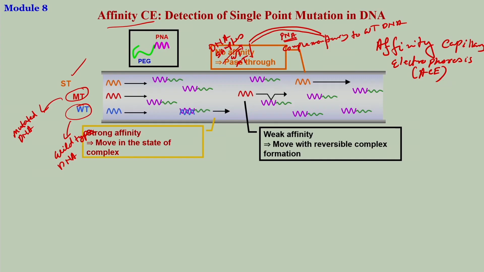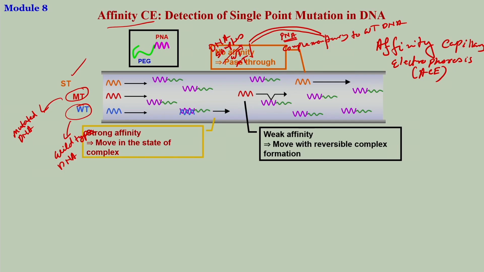So, this is wild type. Wild type forms, so this is my probe PNA with PEG. Wild type is connected, is perfectly hybridized, and you have a bulky polymer attached to it. So, it is now a complex and the whole complex is moving. Obviously, the movement would be slow because it has high size.